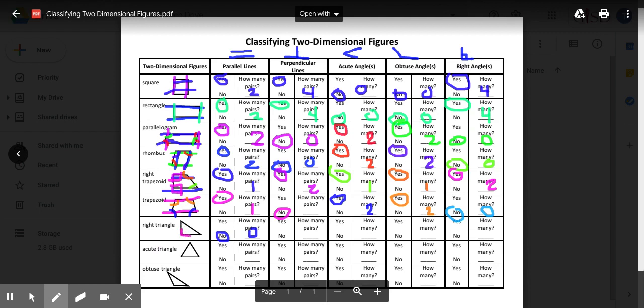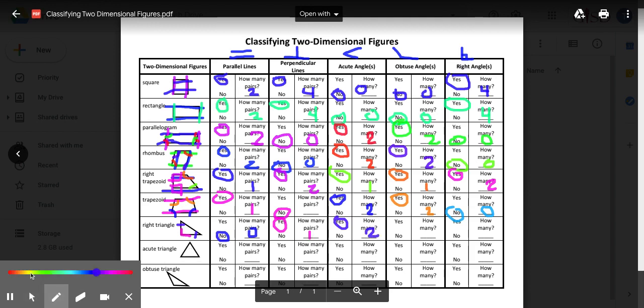So it's got 2 lines that meet at a right angle, so your answer is yes. And how many pairs is 1? How many acute angles? It has 2 acute angles, just like we talked about at the beginning of this video. Your right triangle is 1 right angle and 2 acute angles. So we have yes and 2.